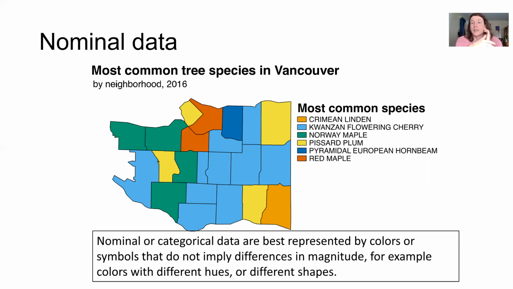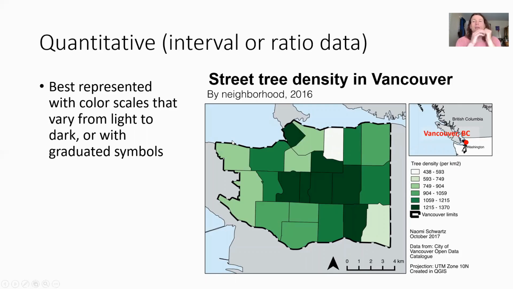Because you want to avoid implying some sort of magnitude. So it's pretty obvious from this that there's no ranking, whereas if you did everything in a shade of green, then you might think, oh, is this tree height or tree density, and imply some ranking that doesn't exist.